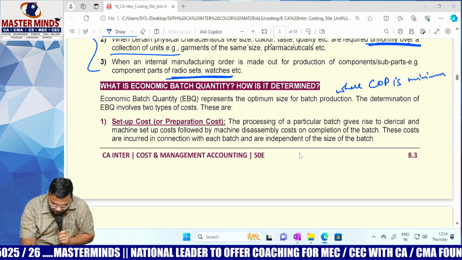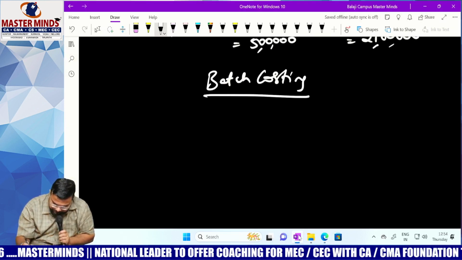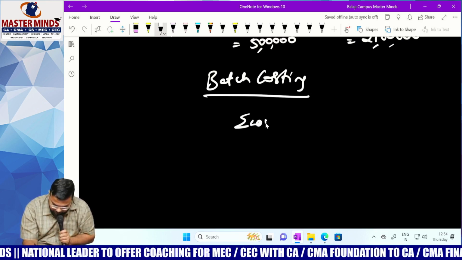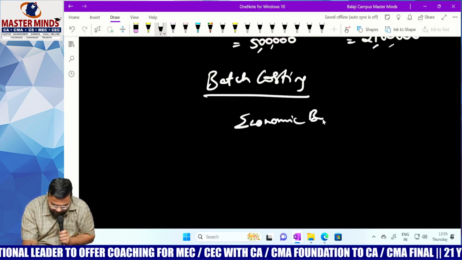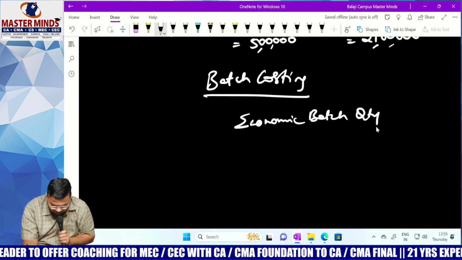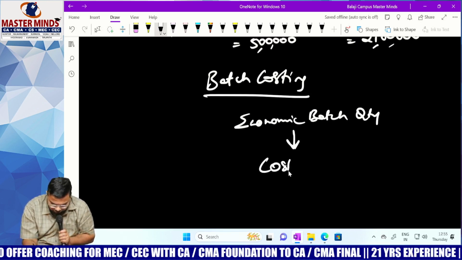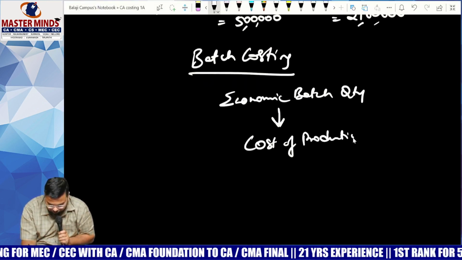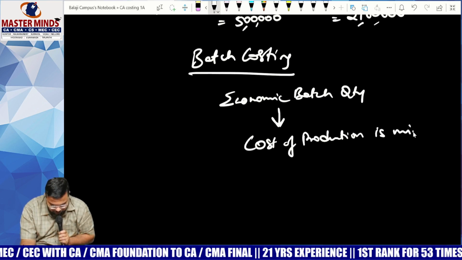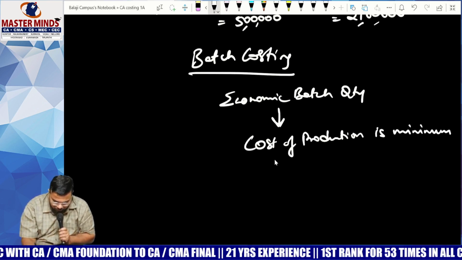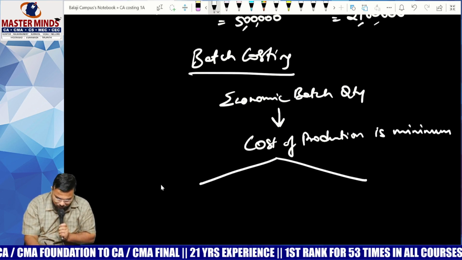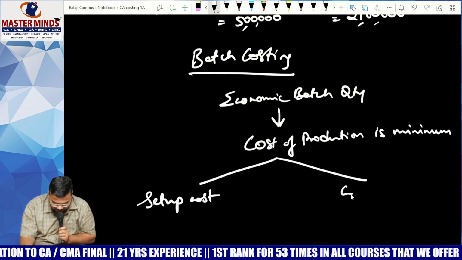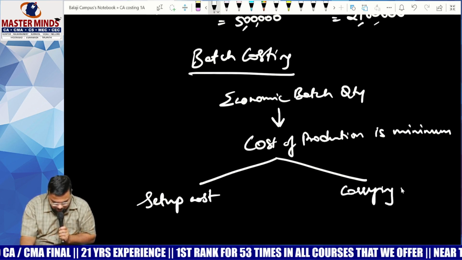Now when it comes to economic batch quantity, it means cost of production is minimum. When we talk about cost of production, you can divide it into two: one is setup cost and the other is carrying cost.